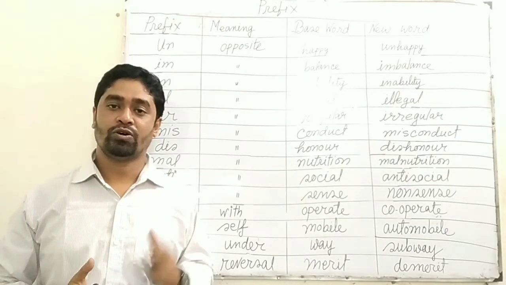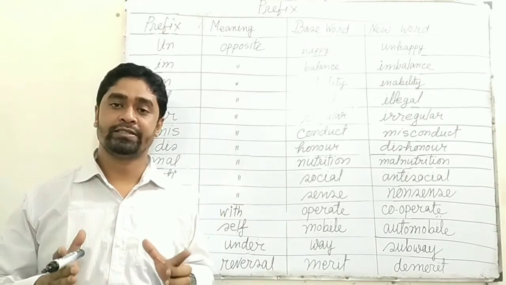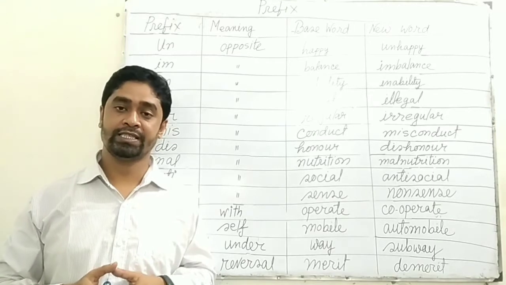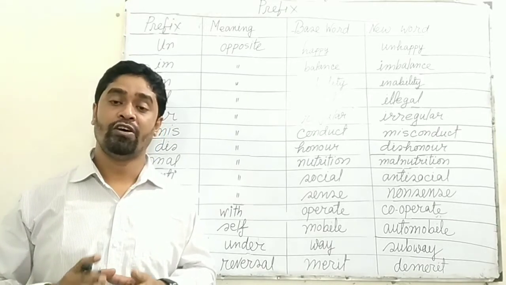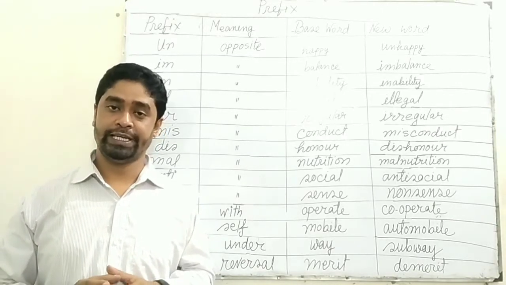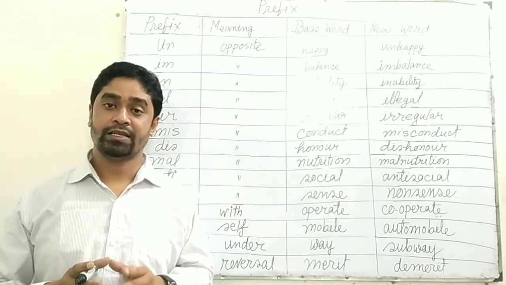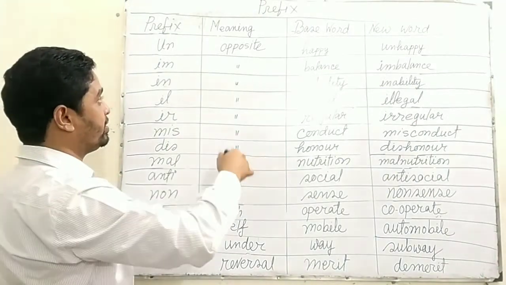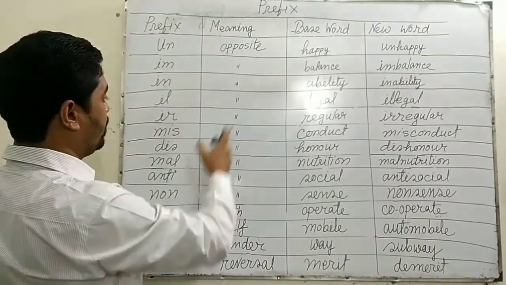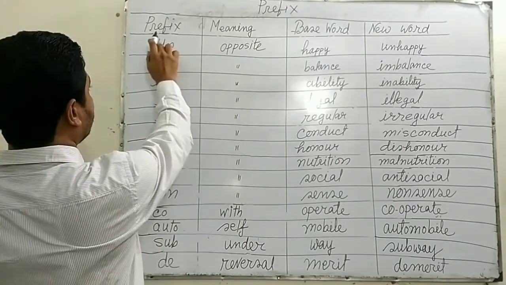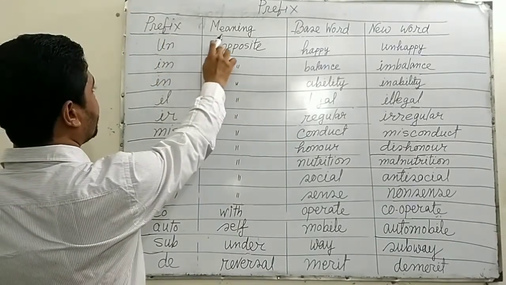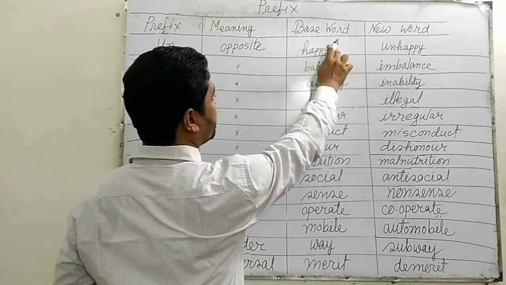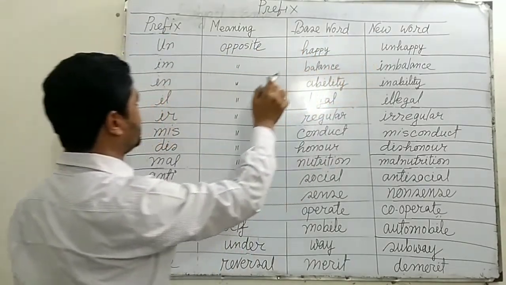Dear learners, on the board I have made a chart where I have shown some prefixes which are very important for the exams. Please look at the board. On the board we find a chart, and the chart has four columns. First, prefix. Second, meaning of the prefix, then base word and new word.